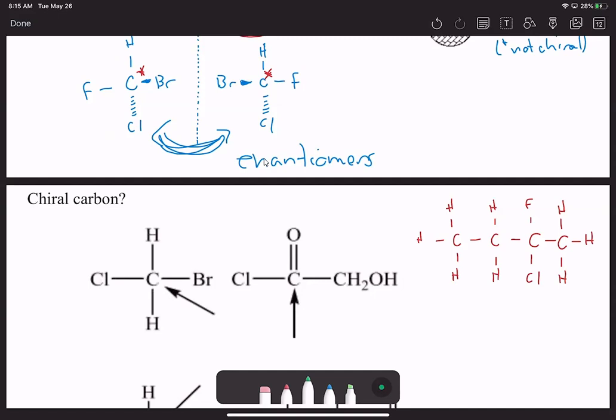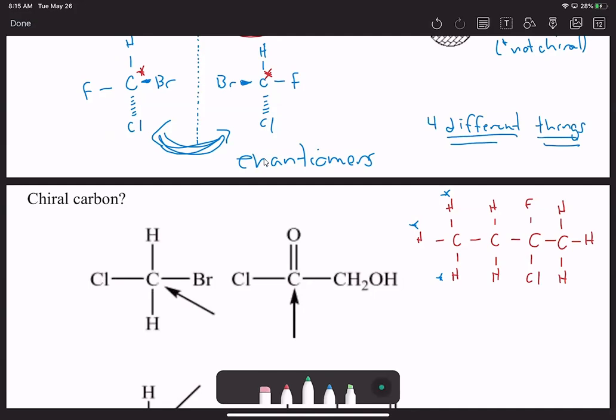So if I start here, well, let's take a look. I have hydrogen, hydrogen, hydrogen. And our rule for chirality is 4 different things. So we have 3 hydrogens that are all the same. So obviously that is not going to be a chiral carbon. Well, let's go on to the next one.